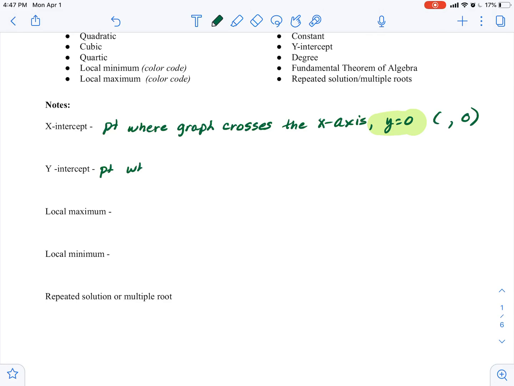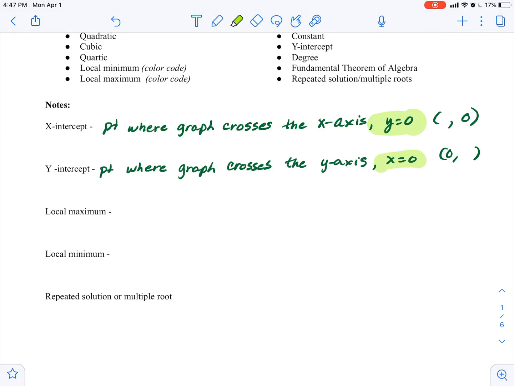Okay, the next then again is the y-intercept. It is the point where the graph crosses the y-axis. Again, it is where x equals 0 all the time, and we write it as a point. So again, do not forget that.